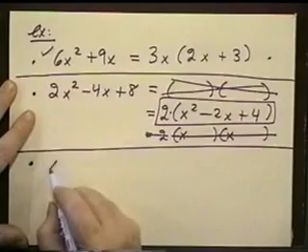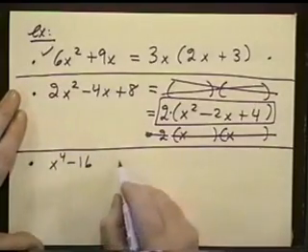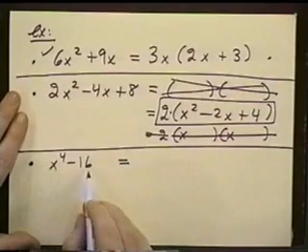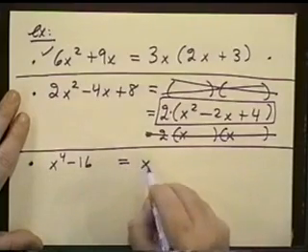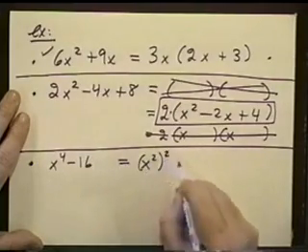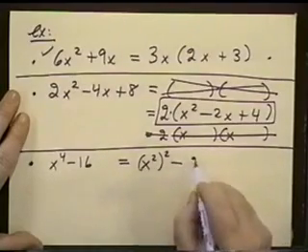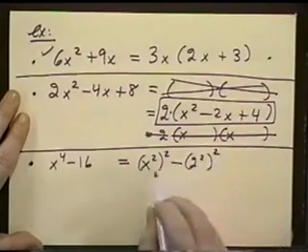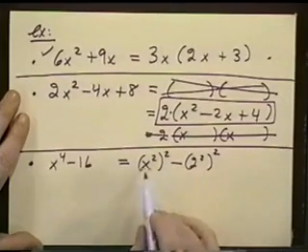Okay, let me take one more that goes a little further. X to the 4th minus 16. Well, we don't have any rules for 4th powers, but we do have rules for square powers. So if I rewrite this as x squared squared minus, remember 16 is 2 to the 4th, this is 2 squared squared. Now ignoring the fact that the insides are also squared, just look at the outside.